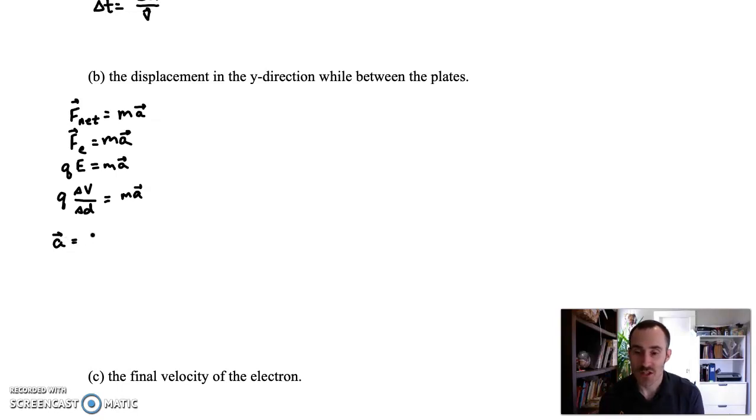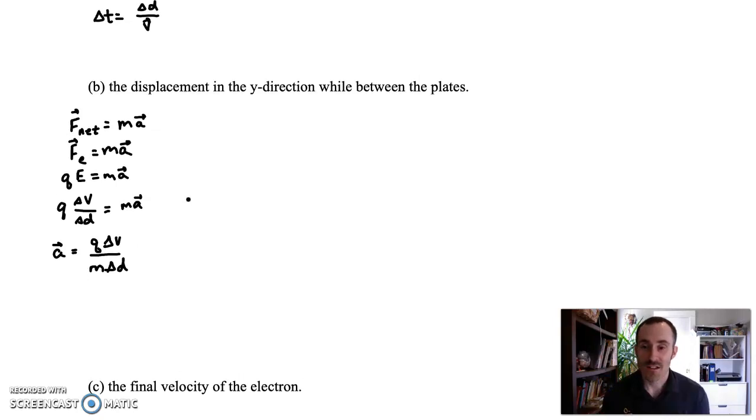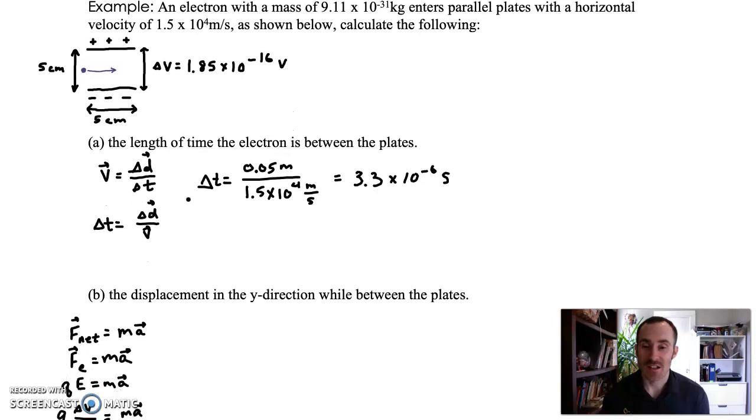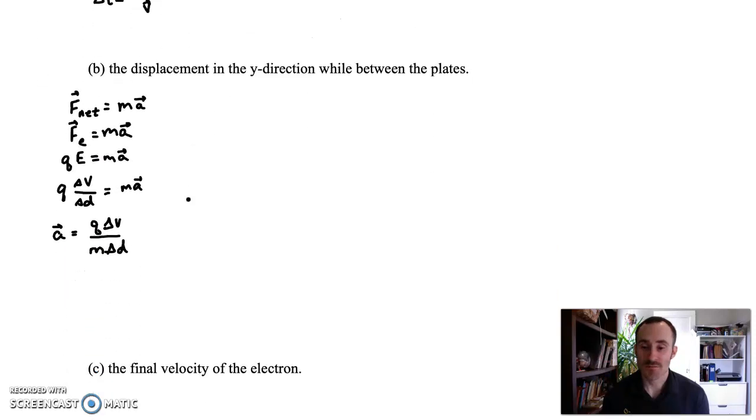So that allows us to solve for the acceleration. The acceleration is going to be q times change in v divided by m times change in d. So our q is 1.6 times 10 to the negative 19 coulombs. Our v is that 1.85 times 10 to the negative 16 volts.